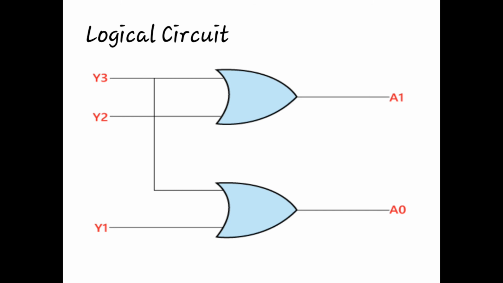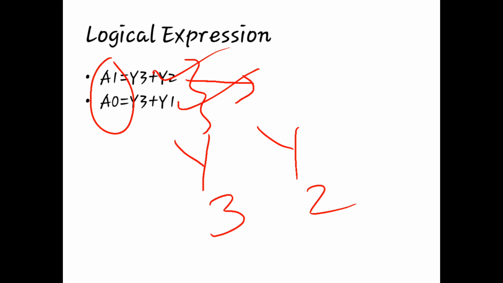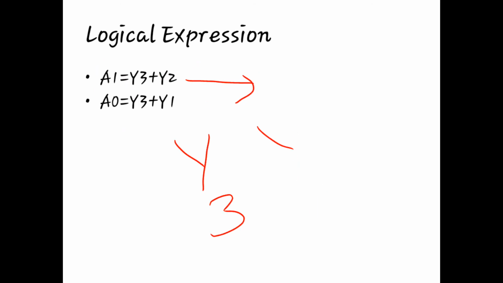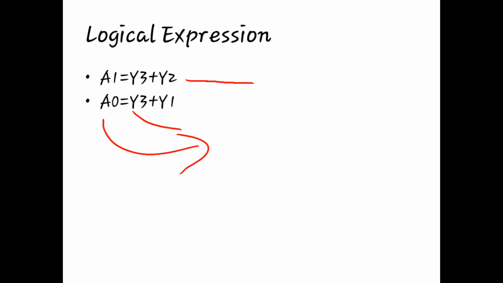Now the logical circuit. As per this logical expression, if we implement the A0 line in terms of circuit implementation, then it is basically utilizing two variables, y1 and y3.